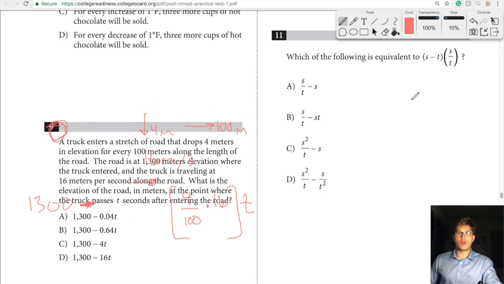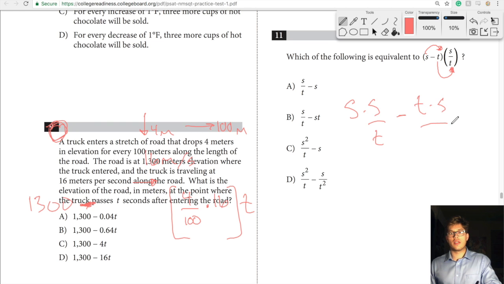Which of the following is equivalent to s minus t times s over t? So here we're just distributing, right? So we first have s times s over t. That's just s times s over t. And then we have minus t times s over t.